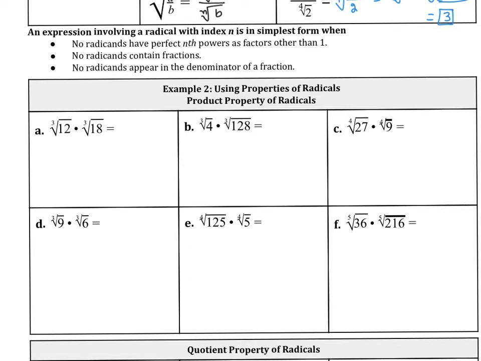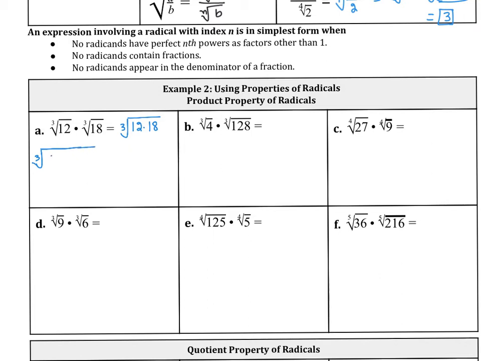Product property of radicals. For letter A, we are going to combine the two radicals into one radical symbol. So we are going to write it as cube root of 12 times 18. We can divide this into prime factors.